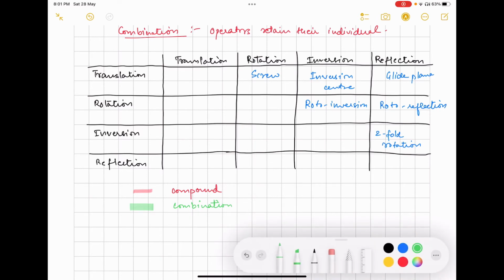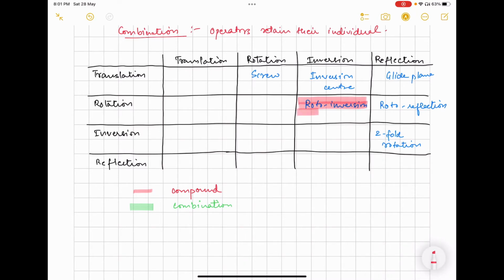So let us check what are the compound ones. So this is the compound, this is a compound operator, this is a compound operator, and this is a compound operator.